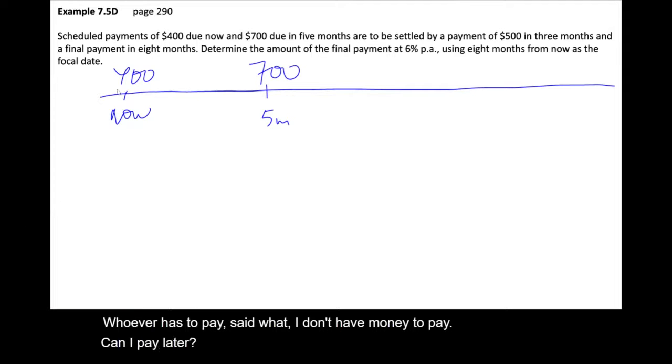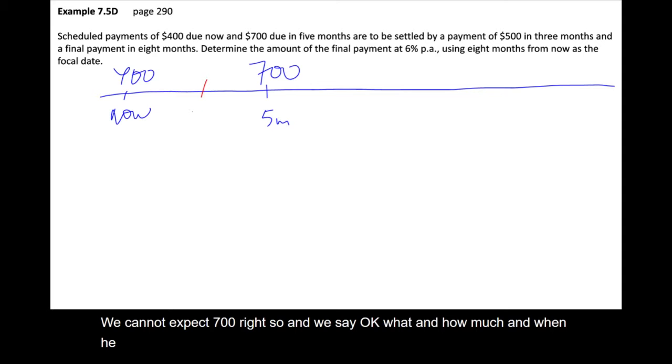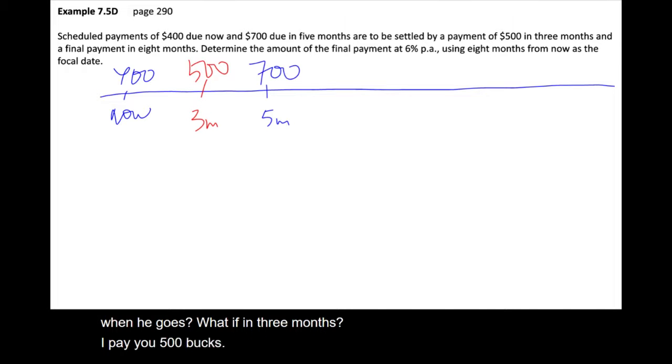So 400 was not paid, right? So we cannot expect 700, right? And we say, okay, what and how much and when? He goes, what if in 3 months I pay you 500 bucks? Okay, and the final payment will be in 8 months.